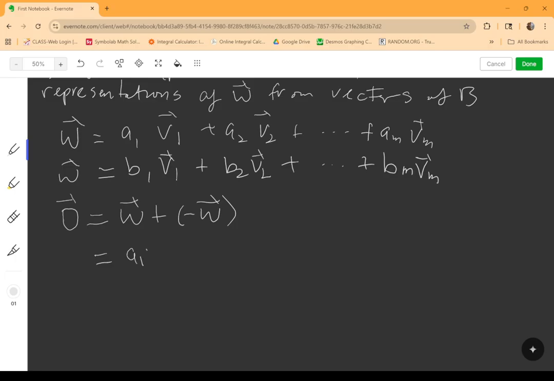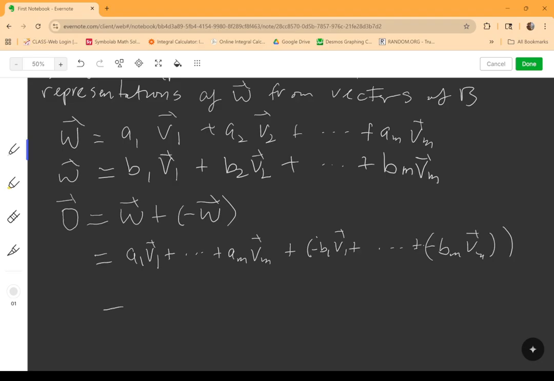So we have a1v1 through amvm, and then here we'll have plus, and we'll get minus a1v1 minus... I'll use both of the representations here: minus b1v1 through plus negative bmvm.